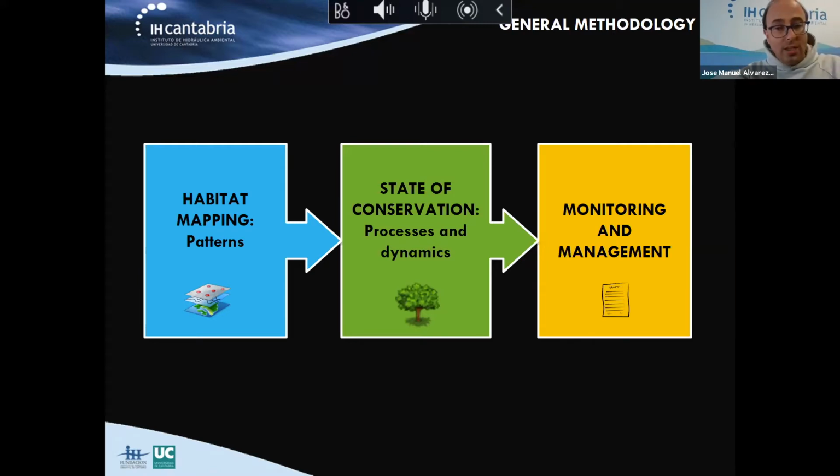Second step is, once understood the patterns, we need to understand the processes and dynamics. That's what we have been talking about in the beginning. Landscapes are not static, so we cannot understand the patterns and that's all. We need to move much further than the pattern. We need to go from patterns to process and dynamics. For what? For understanding what will happen in the future and the different scenarios.